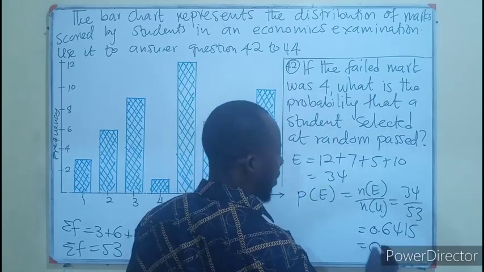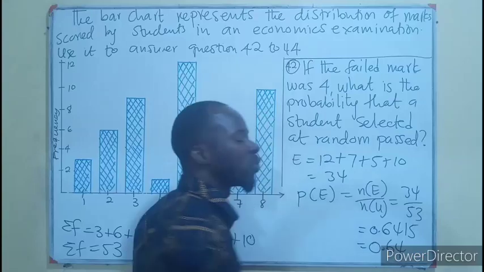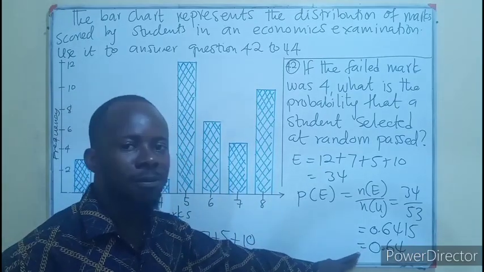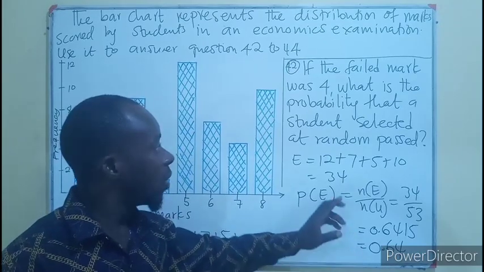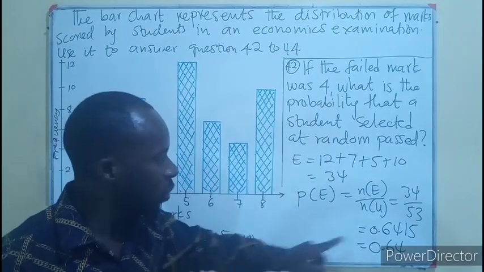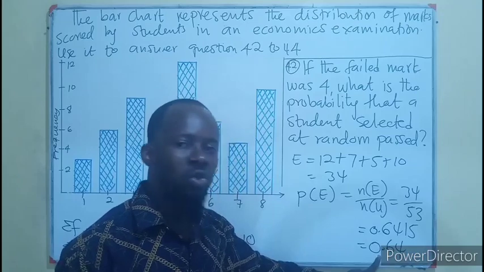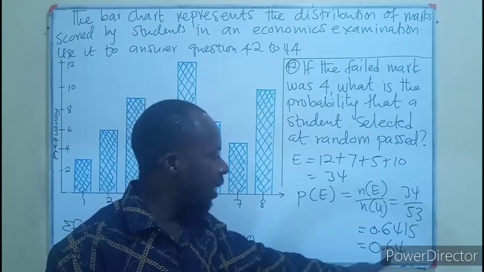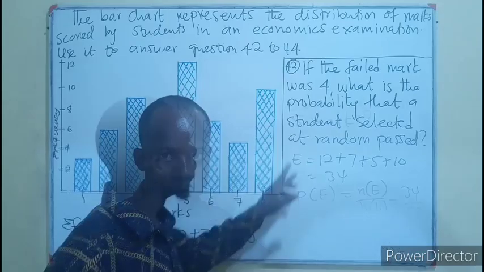But we can approximate that to 0.64 as what? 2 decimal places. The probability, we can leave it this way. We are moving to decimal because the question provides the answers in decimal. And this will have been the option A.